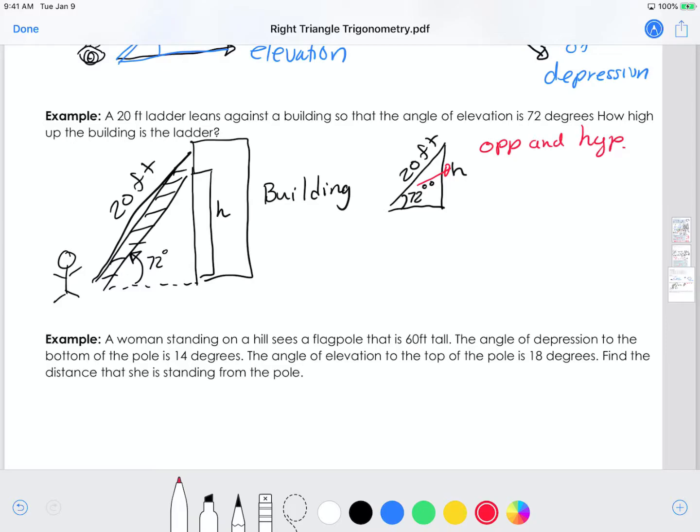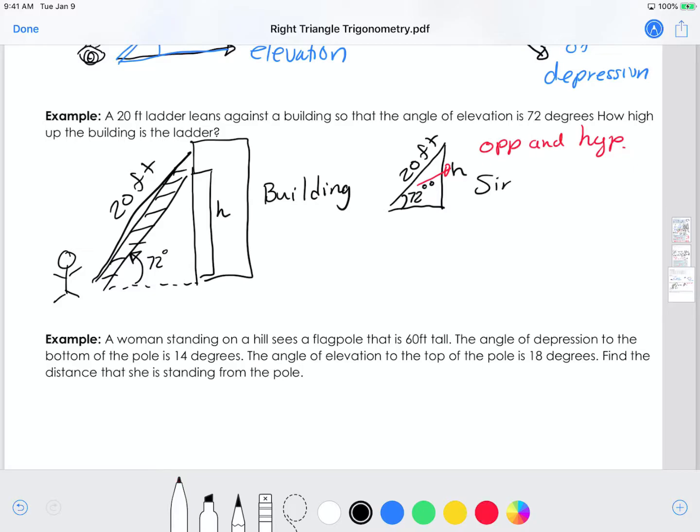If we look at our trig ratios, the trig ratios that involve opposite and hypotenuse are sine and cosecant. Now, you can use either one, but I prefer to use sine since sine is on my calculator without having to worry about taking the reciprocal.